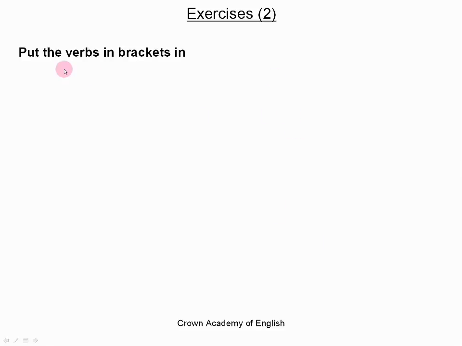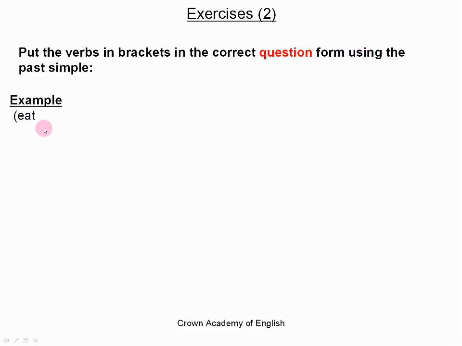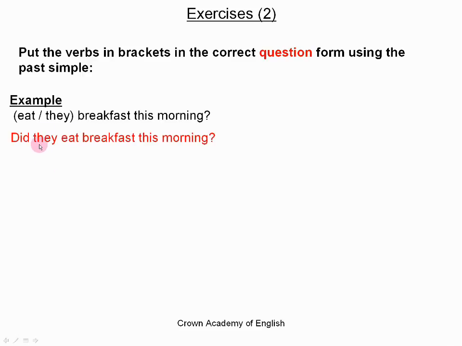Exercise 2. Put the verbs in brackets in the correct question form using the past simple. Example. So the answer here would be, did they eat breakfast this morning? So this is the question form. Question 1.